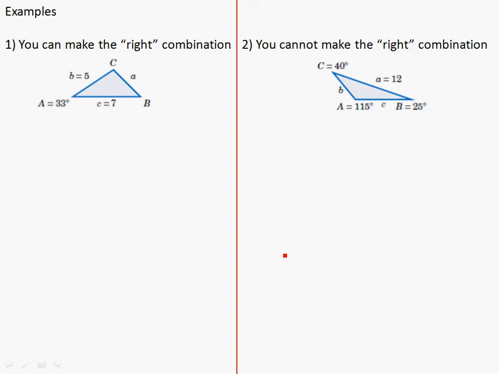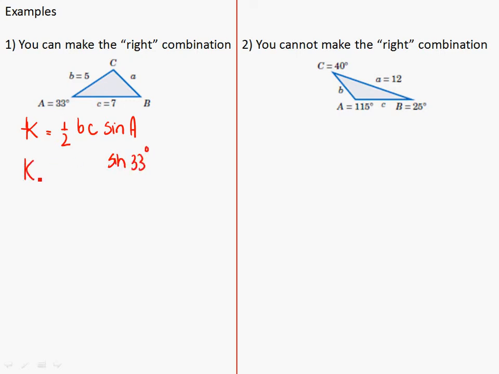So how does it work? Let's see what we have. We have one angle, right? If I have to use a formula here, the only angle that I have is A, so this would have to be a half times B times C times the sine of A. Are you okay with that? Since A is the only angle that I have, it will be the sine of 33 degrees here.